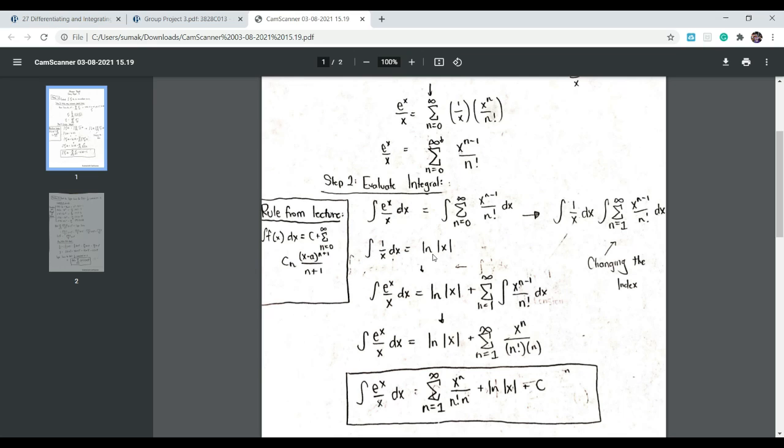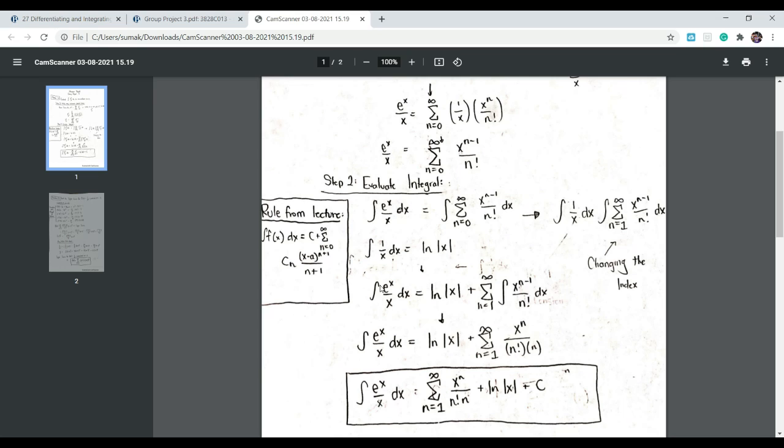It's just the natural log of the absolute value of x. And so when we are evaluating this second part, since we're adding the integral of the summation from 1 to infinity of x to the n minus 1 divided by n factorial, we're going to take this summation out because that's just a general rule. You can do it like a property.